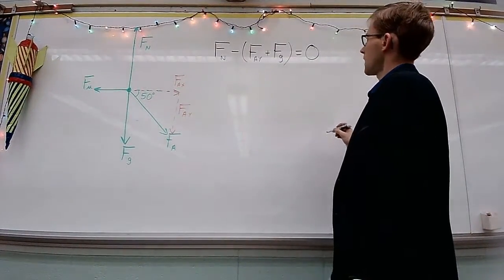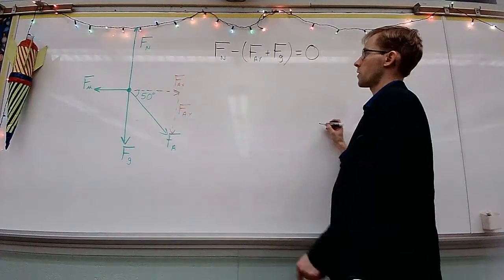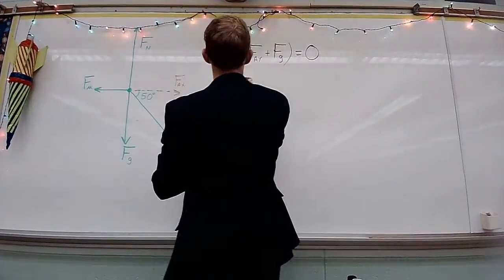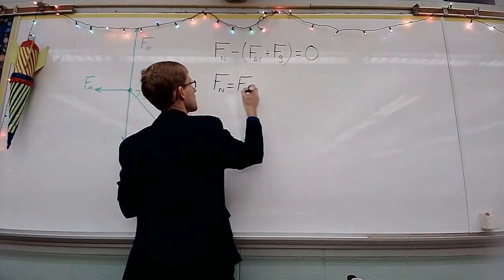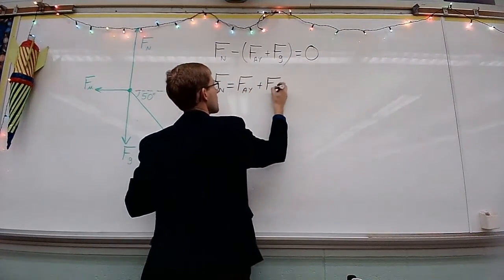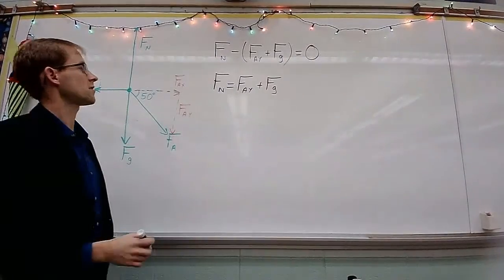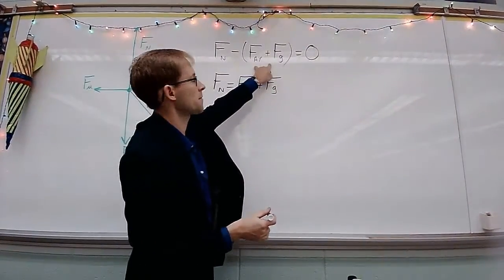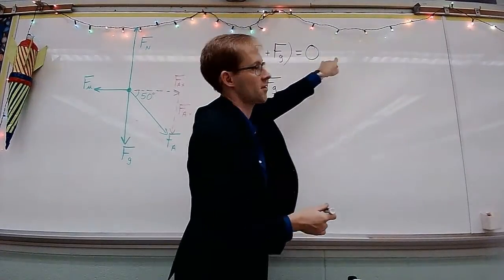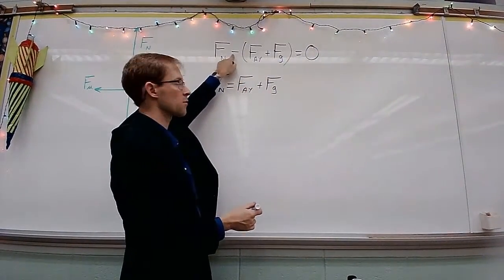So if I want to figure out my normal force, I isolate it in the equation. And you can see these 2 things are just going to be added together then. When we yank them out from this side of the equation and we toss them over to the other side, the negative becomes positive.